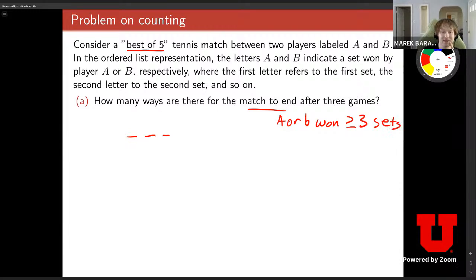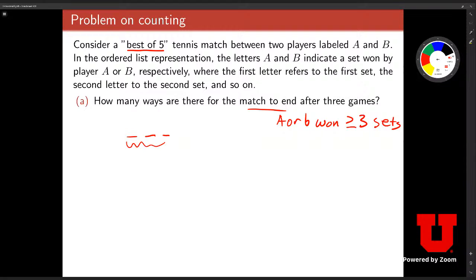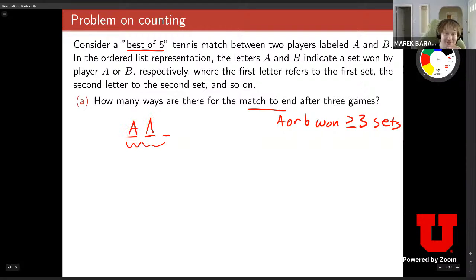So in order to win, what are the options here? Does anyone have an idea? You can just yell it out. A wins all 3 or B wins all 3? Yep, that's a good one. So there's 2 ways to do this.